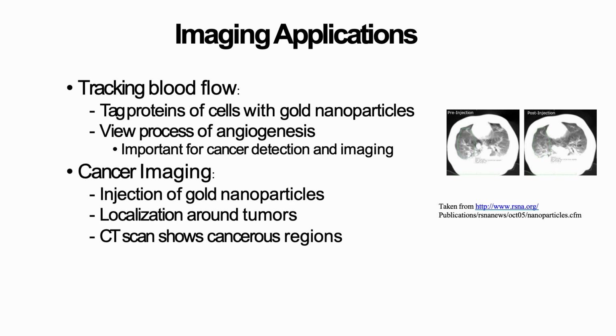Now let's go over tracking the blood flow. Here we can tag proteins of cells with gold nanoparticles as well. This is a process of looking, for example, at angiogenesis, or the production of new blood vessels.